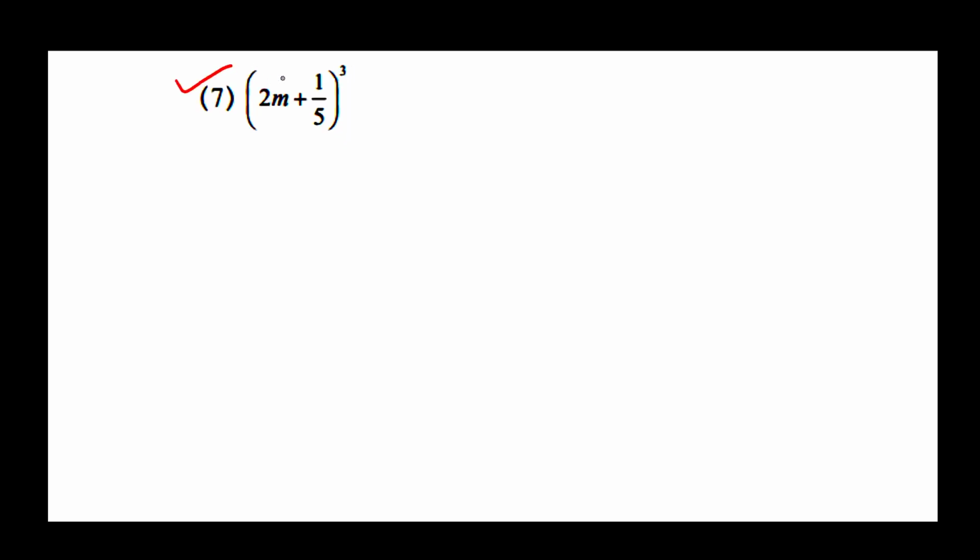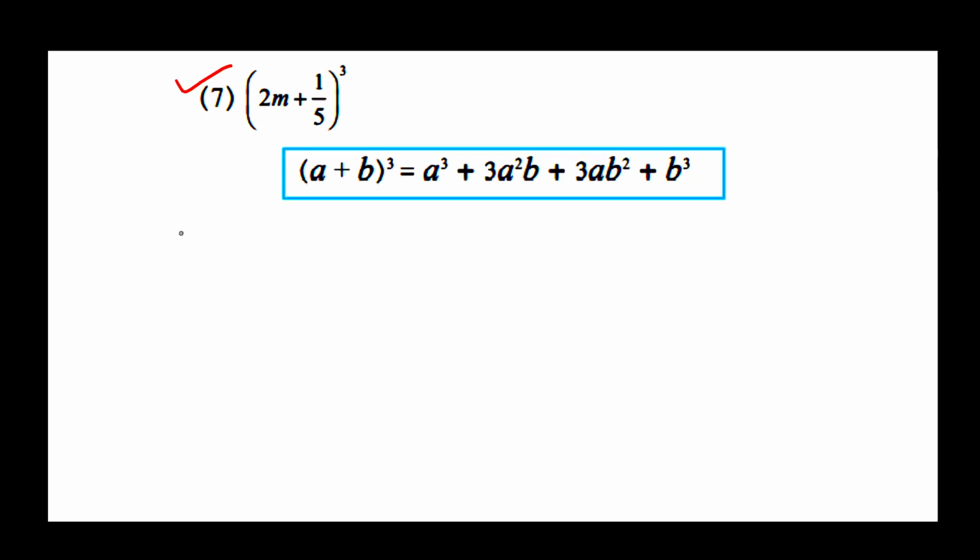Example number 7. (2m + 1/5) cube. Let us put the values. We use the formula (a + b) cube = a cube + 3a square b + 3ab square + b cube. a = 2m and b = 1/5.